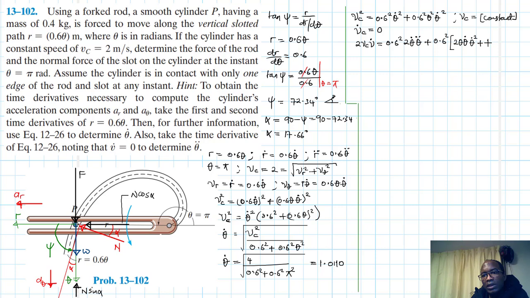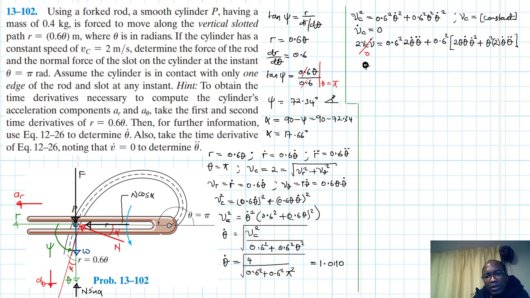Then plus theta squared, and we'll have a 2 theta dot theta double dot like so. So this part becomes 0.